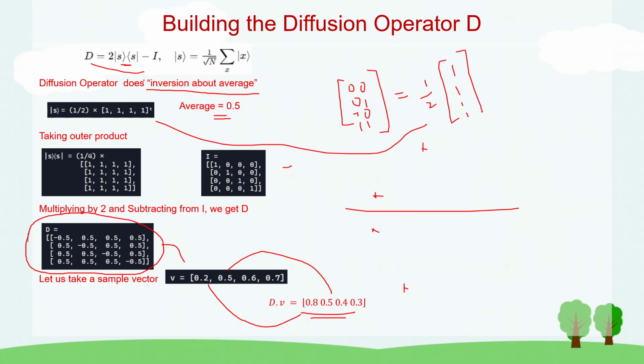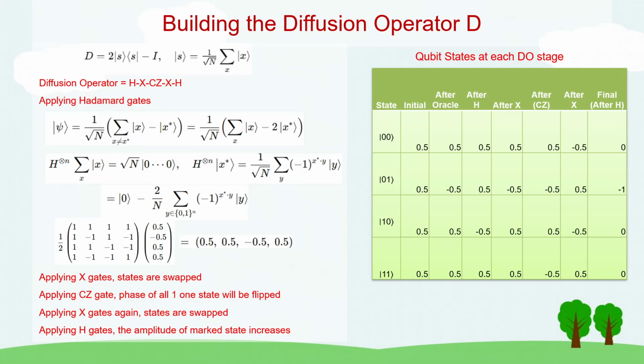Now, how do I implement this in quantum? That is where Grover's trick comes in. Before that, I want you to understand the steps involved. You apply a set of Hadamard gates to all your qubits, then apply a set of X gates, then use control Z gates linking all the qubits.